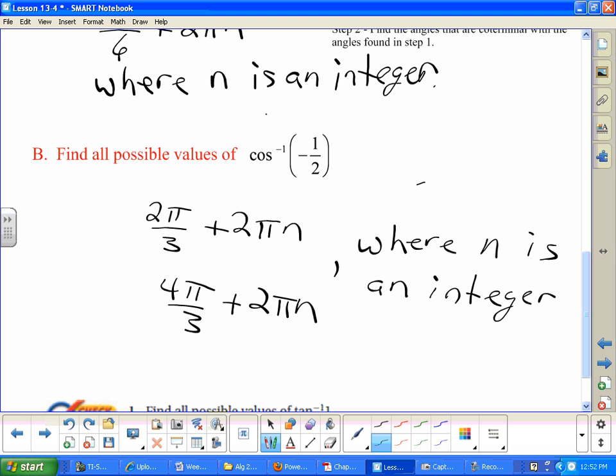And you must make that statement. It will not be completely correct without the statement there. You cannot assume that somebody's going to believe that n is an integer. So all I'm doing here is just another use of the unit circle.